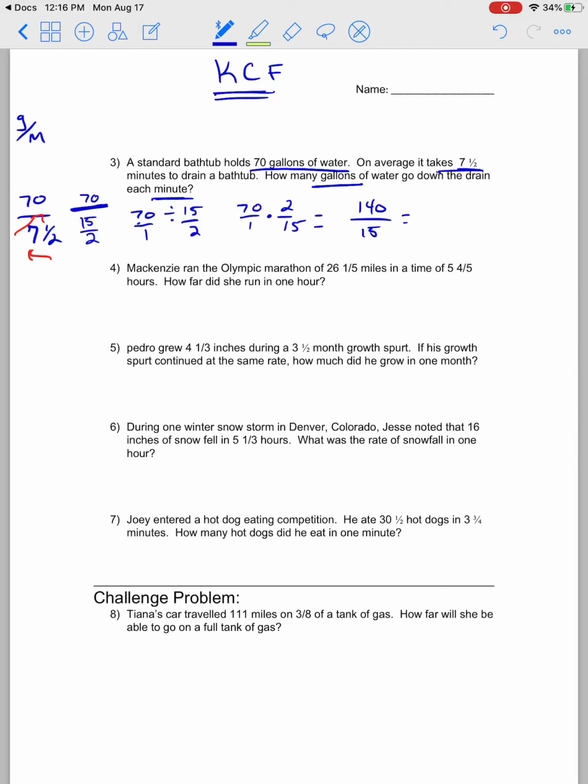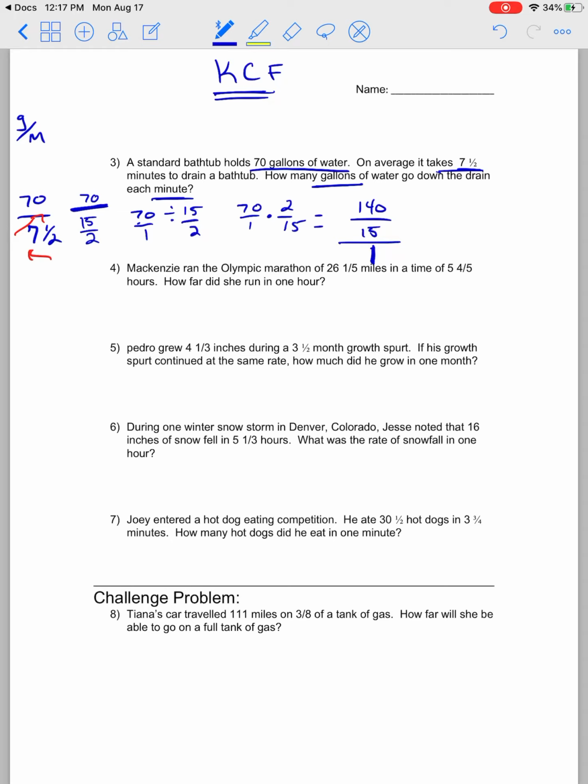Now, can we divide, or let me say this. Right now, this is your unit rate, 140 over 15, or 140 gallons per 15 minutes.